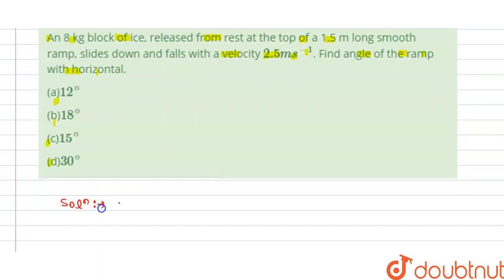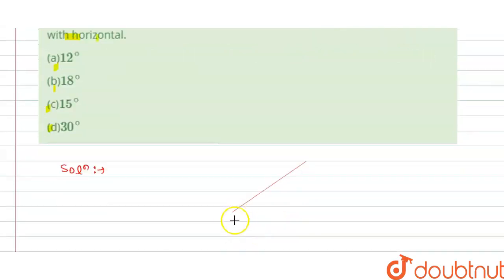So the solution of this question is, firstly we can draw the diagram for it. This is our smooth ramp and this is our horizontal surface, and here our ice block is placed.